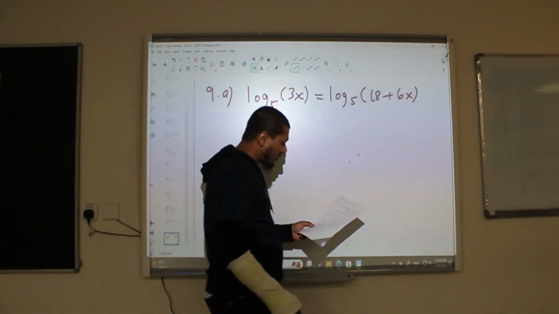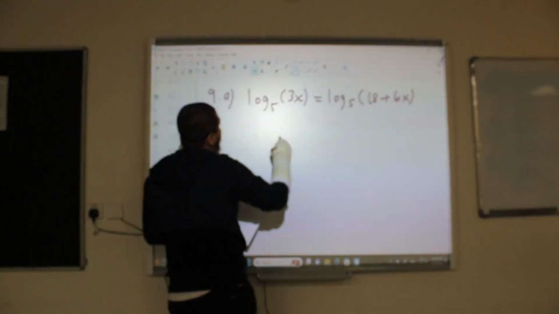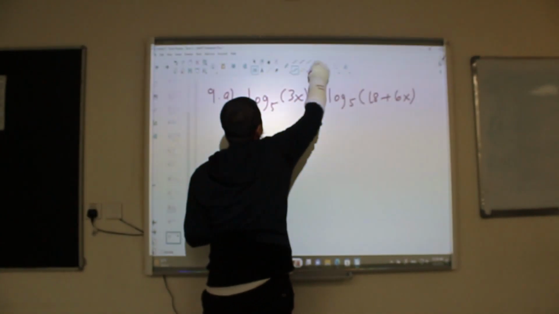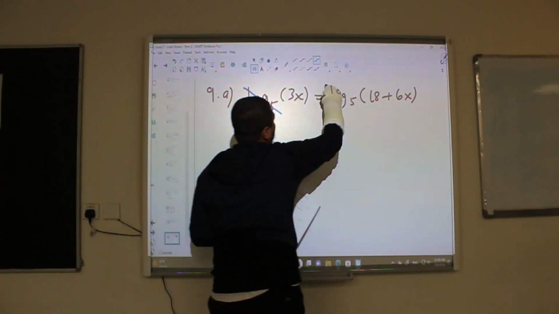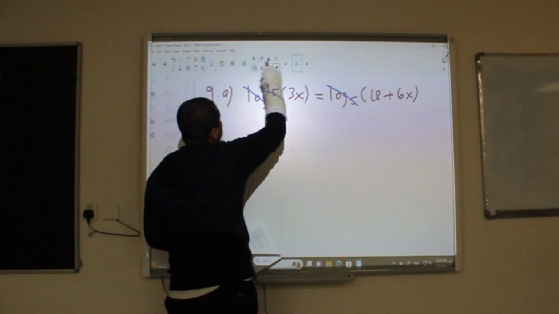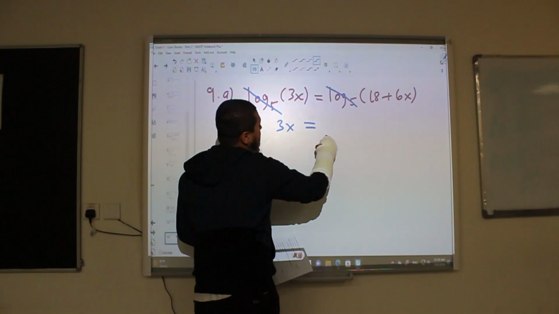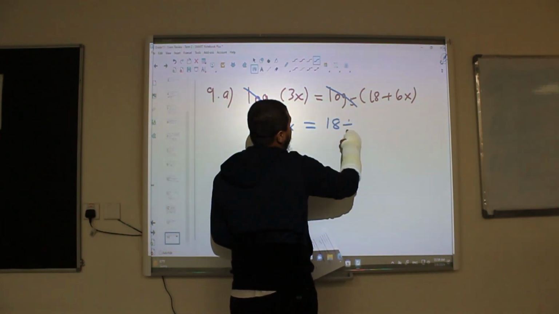Because we have the same bases, we can cancel them out. So log 5 and log 5 cancel out, and we are left with a very simple equation: 3x equals 18 plus 6x.